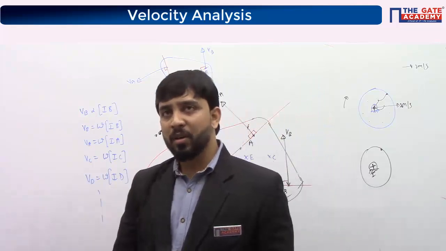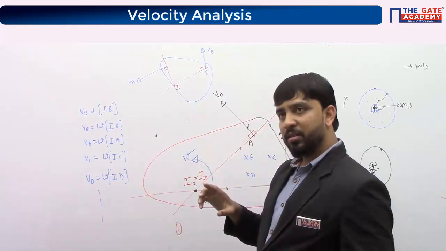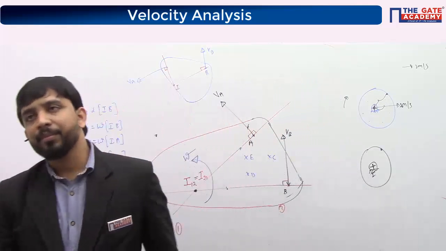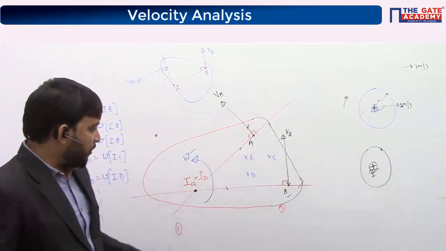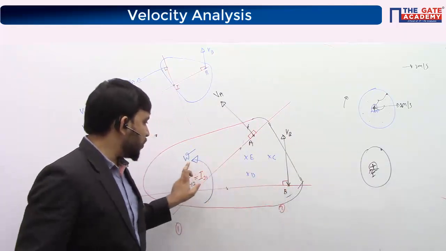So between these two bodies, there will be only one point where you don't have relative motion, that's the instantaneous center of rotation. So I told velocity of body B is r times omega.